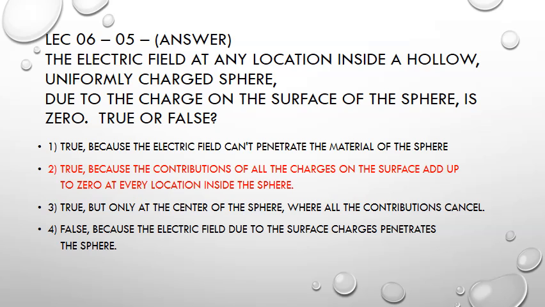It happens at all places in the sphere. And 4 is not correct, because the electric field of a surface charge does penetrate the sphere, so it has to add up to 0.